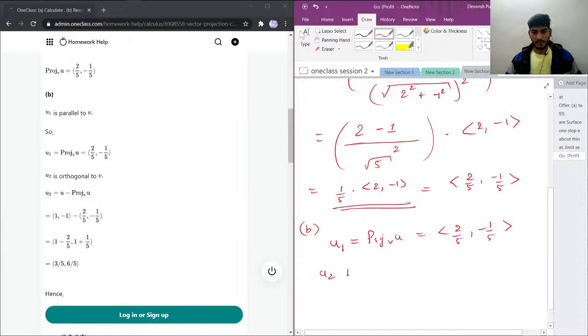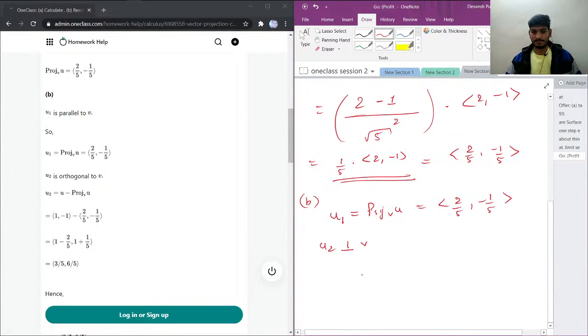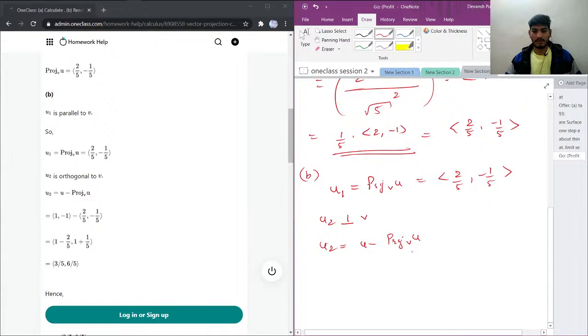For u2, it is orthogonal to v. So we have u2 as u minus the projection of u along v, or we can also say this as u minus u1.